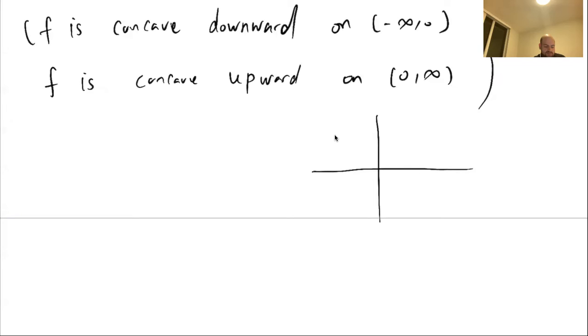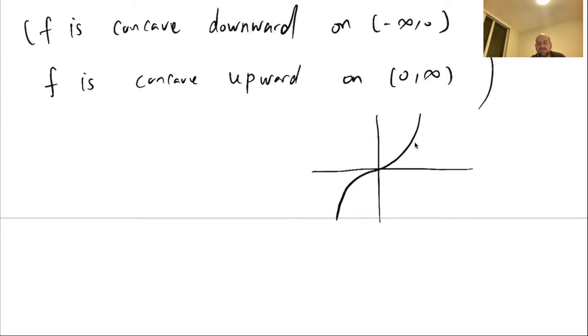And we know that the graph looks like this, right? Before 0, this part looks like minus x squared. After 0, this part looks like x squared.